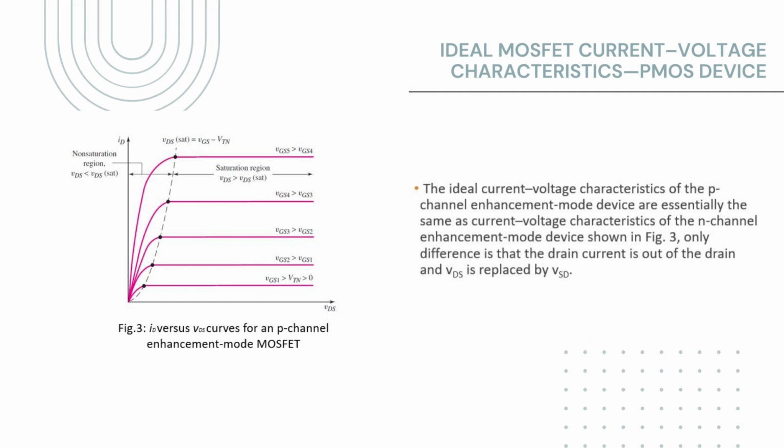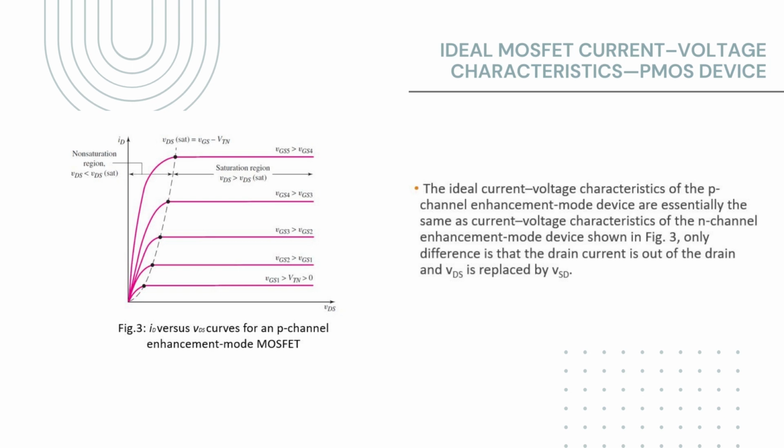The ideal MOSFET current voltage characteristics for a PMOS device. Here the ideal current voltage characteristics of the p-channel enhancement mode device are essentially the same as the current voltage characteristics of an n-channel MOSFET, as shown in figure 3. The only difference is that the drain current is out of the drain, and VDS is replaced by VSD.